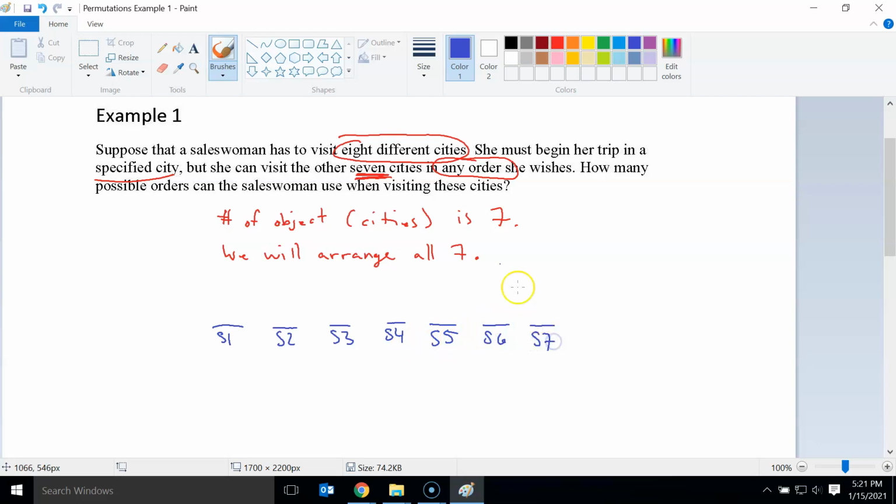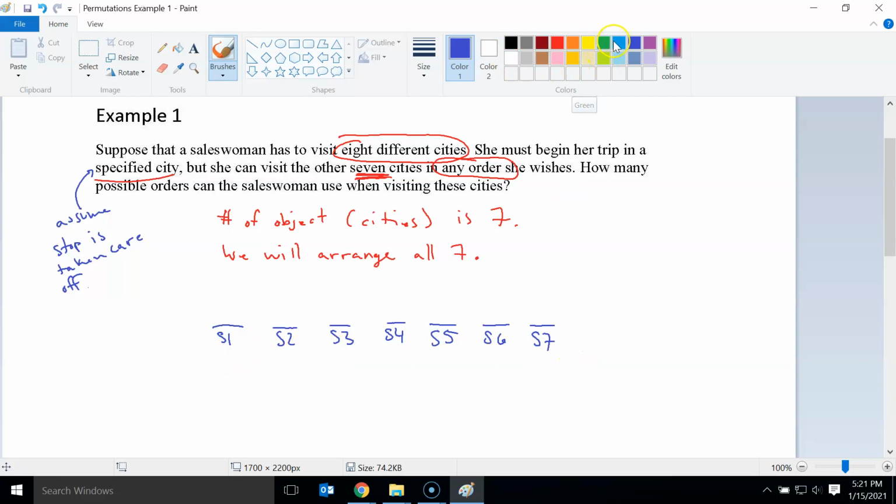Remember, the first stop is already specified. We're going to assume that the first stop is taken care of. We don't really need to know the first stop, it's just extra information. So we're really focusing on the remaining 7 stops.